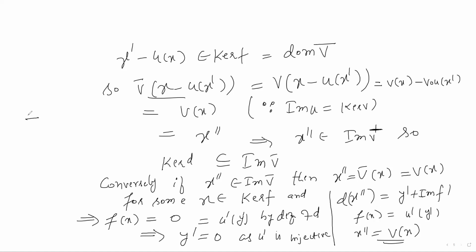So this means dx double dash is image equal to image of f dash, which is actually 0 of co-kernel f dash.